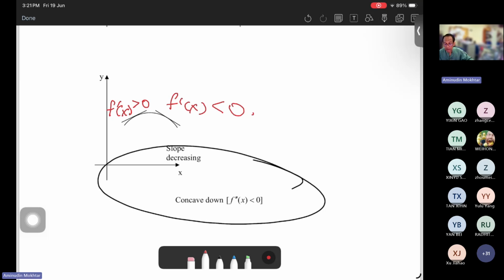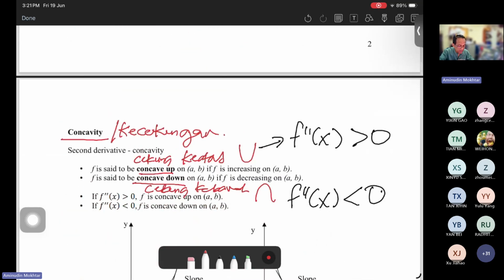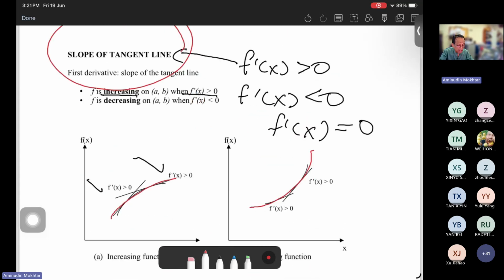For this topic, I hope you can pay attention here. In general, the first derivative normally refers to the slope of the tangent line. Meanwhile, the second derivative normally refers to the concavity, whether the graph is concave up or concave down, based on its value.